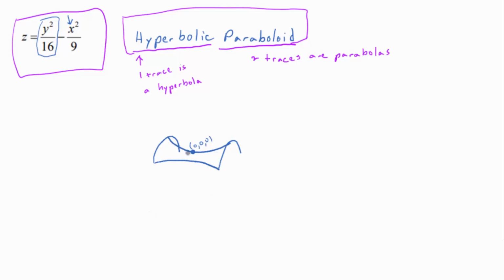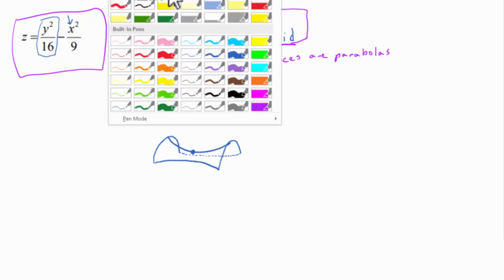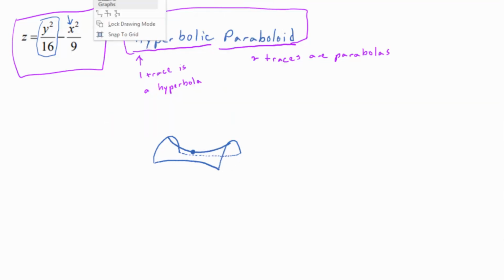One branch will open that way, and then the other branch will be a mirror image of that, like that. And then if you insist on putting in axes, you got to be careful to get that right. Let me show you the z-axis. We always have the positive z-axis going up.